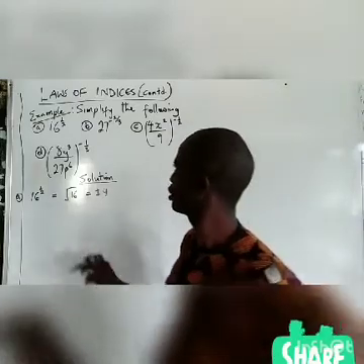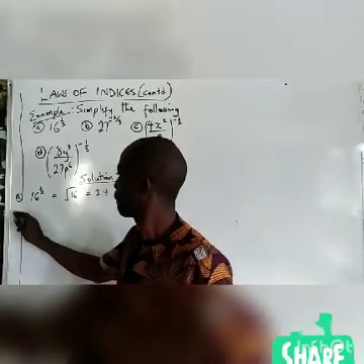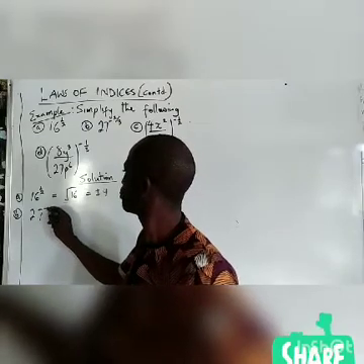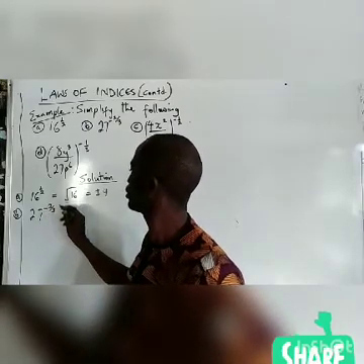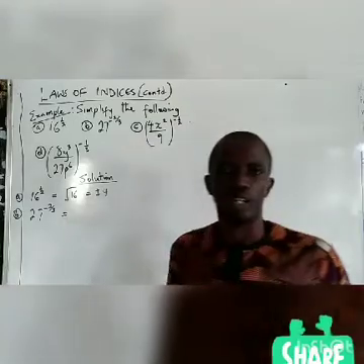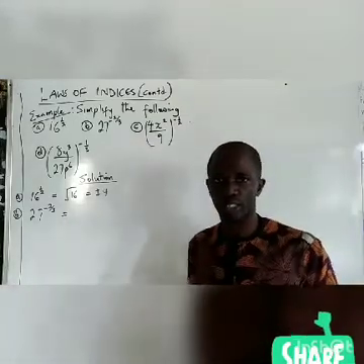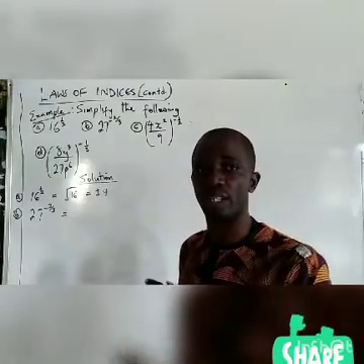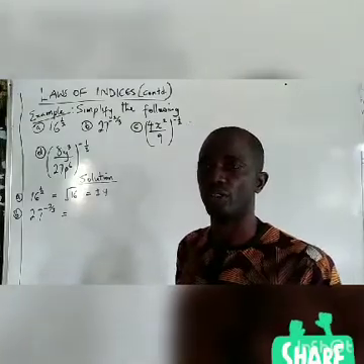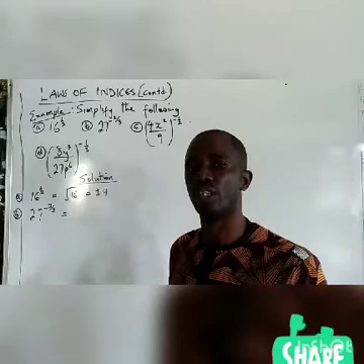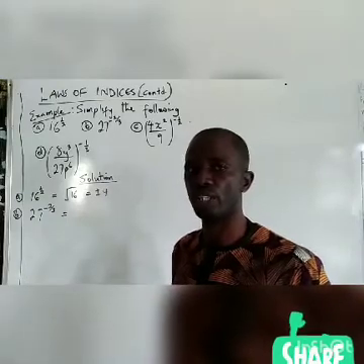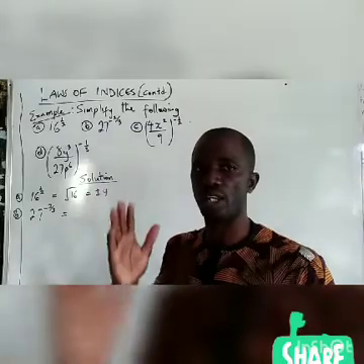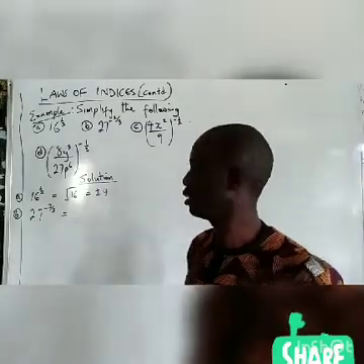Now that is how to do that. Now let's go to the b: 27 raised to power minus 2 over 3. The same way we did that, that's how we are going to be doing this too. But remember, it has a negative power. Anytime we have a negative power or a negative index, that negative gives us an inverse.